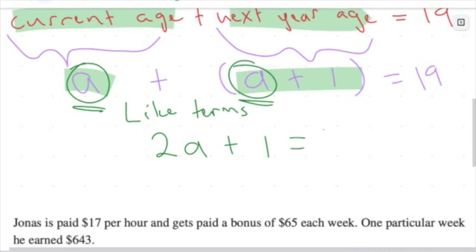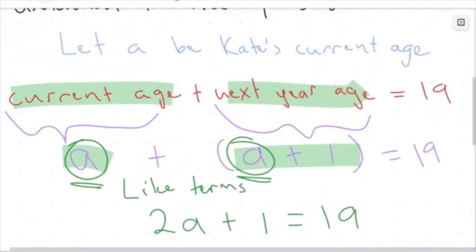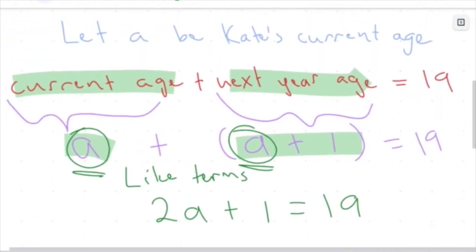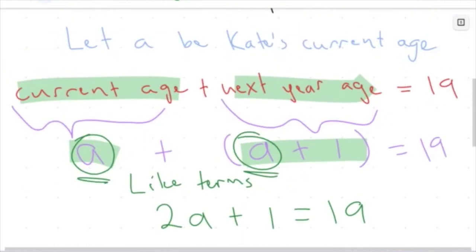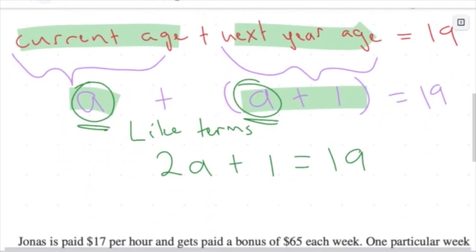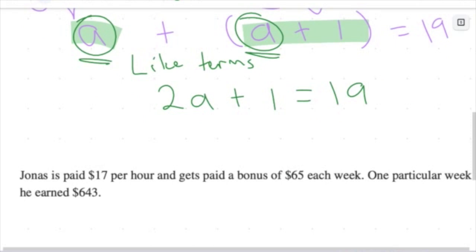So I just have to leave that as 1. So I've added my like terms here by setting up my equation and then substituting in the pronumeral we made for Kate's current age.